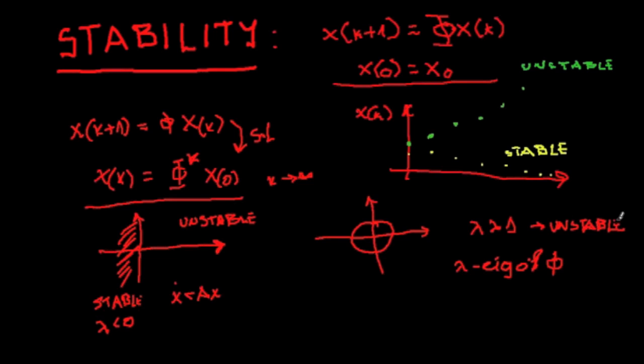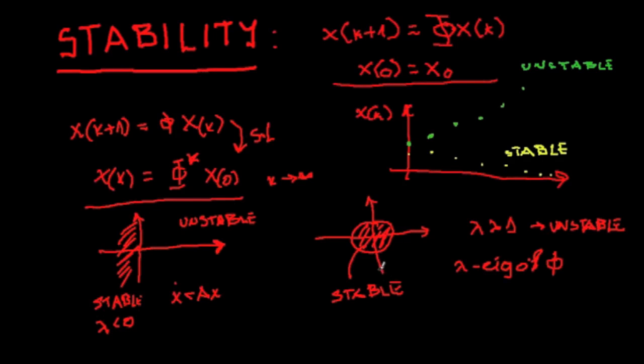In other words, take any number with the base greater than 1 and start multiplying that, and you will obtain that the state will essentially diverge. In other words, for lambda outside the unit circle the system is unstable, and inside is stable. So whenever the lambdas of phi are inside, the system is stable. Okay, so this is stable.